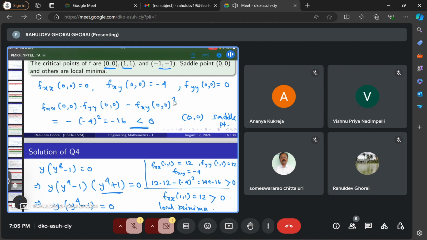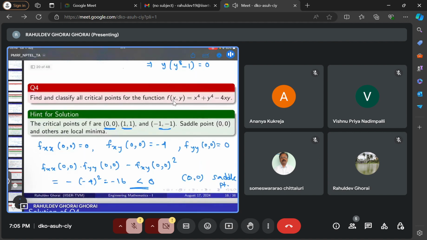The minimum value will be f at (1, 1), whatever the value. So you see here we have classified all the critical points, and found out what their classification is.